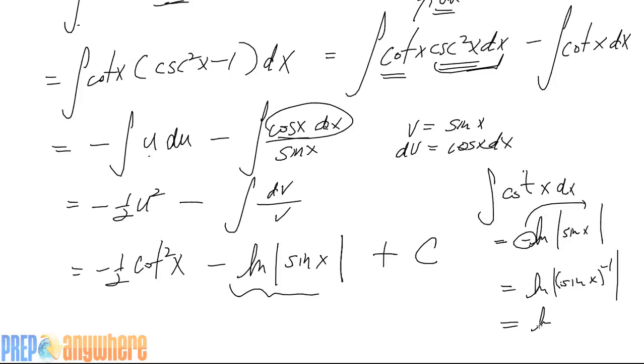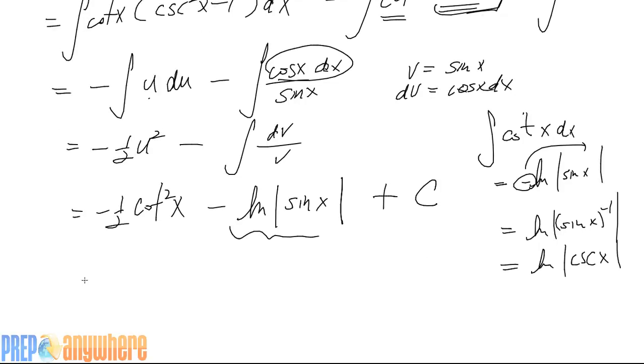So you actually get ln of cosecant x. So cosecant and cotangent are very tightly linked, there's a lot of relationship between the two. So if you have it memorized, and you're looking at an answer key in a book or something, you might actually see this instead: ln of cosecant x plus c.